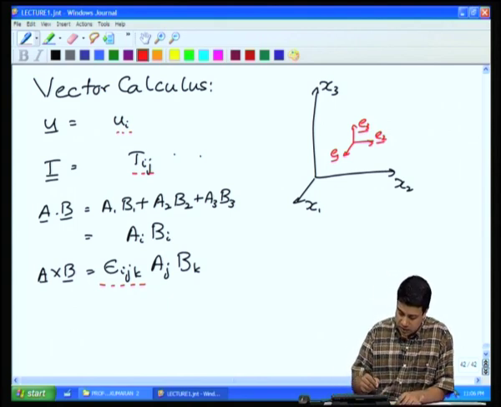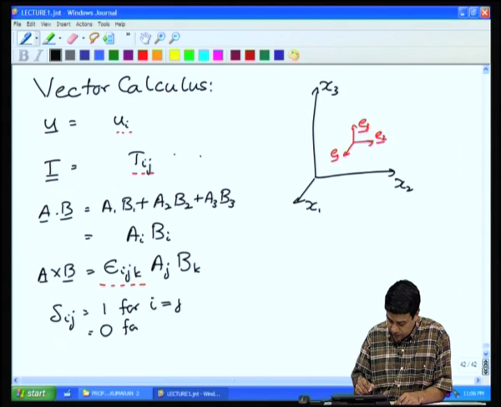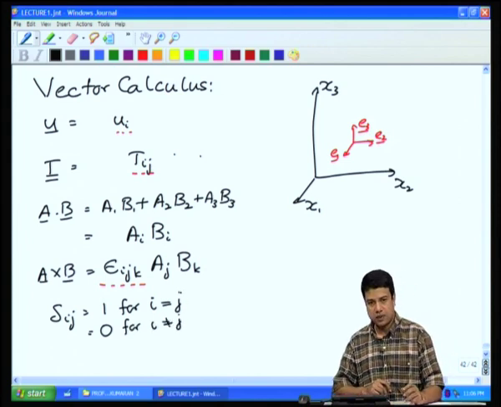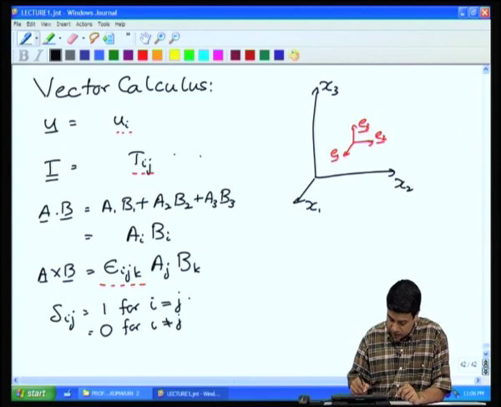The other one that we had seen earlier was the isotropic tensor, delta_ij, which is equal to 1 for i equal to j and is equal to 0 for i not equal to j. So, delta 1 1 is 1, delta 1 2 is 0, and so on. Delta_ij is also the dot product of the unit vectors e_i dot e_j.